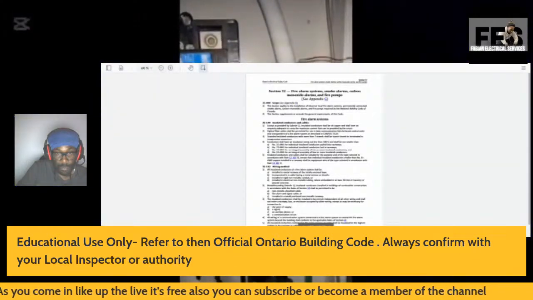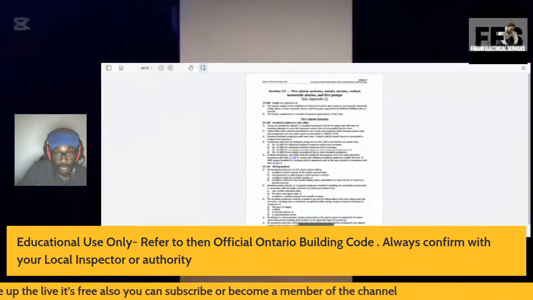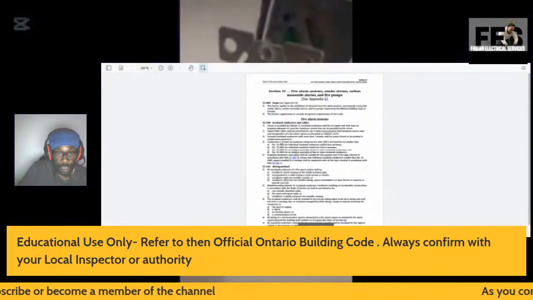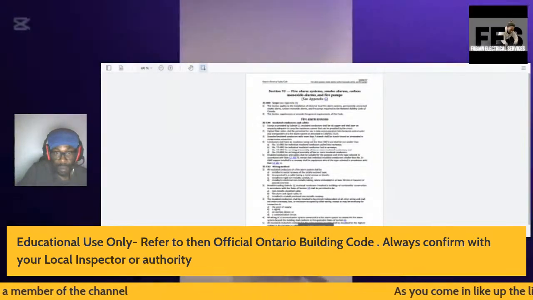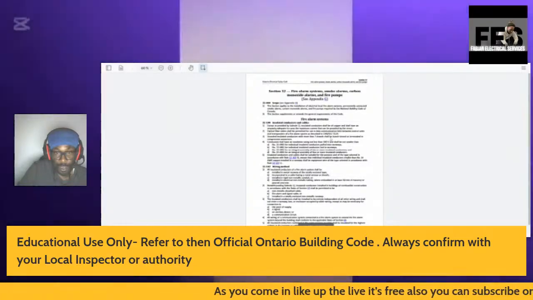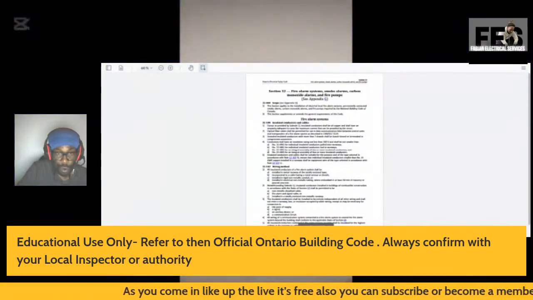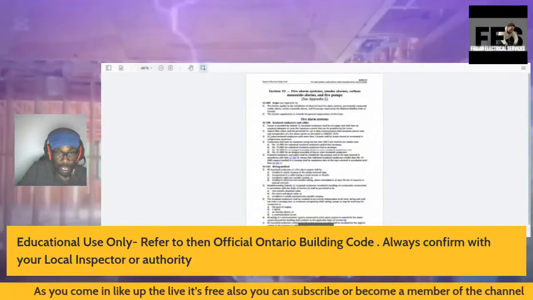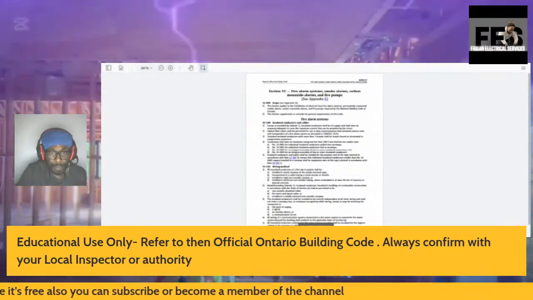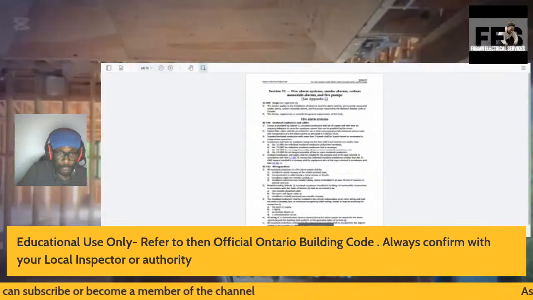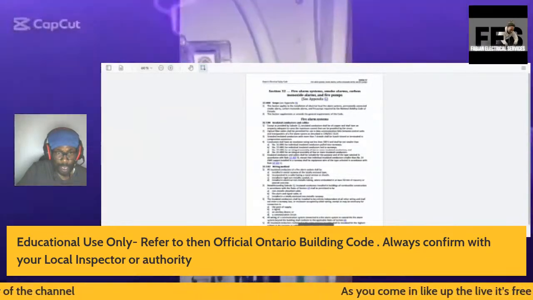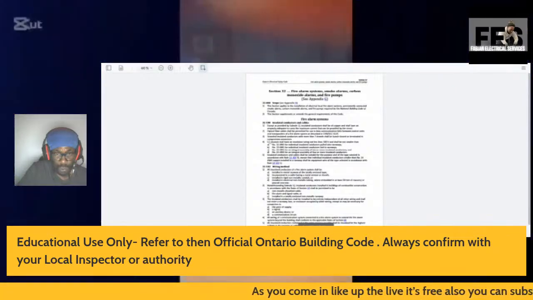Optical fiber cables shall be permitted for use in data communication links between control units and transponders of a fire alarm system, as per ULC-S524. Optical fiber cable is one I've seen before. They mostly use it in commercial. I'm not sure if they use it in industrial also.